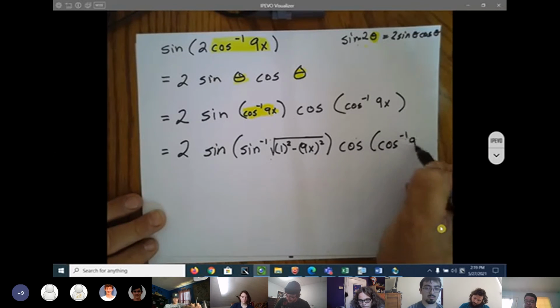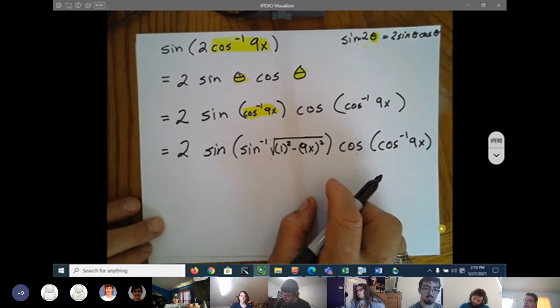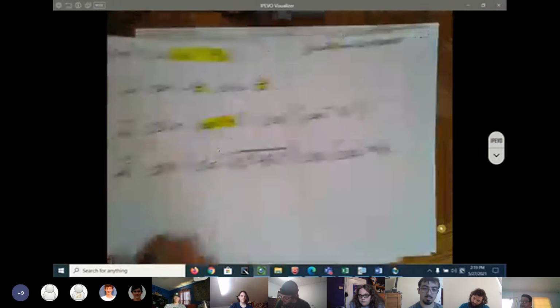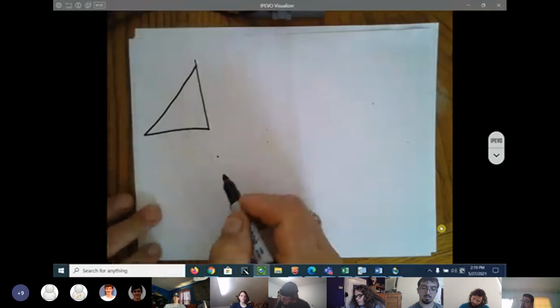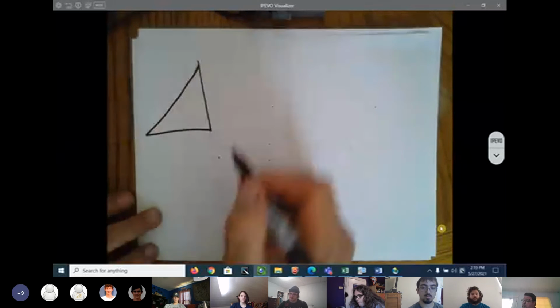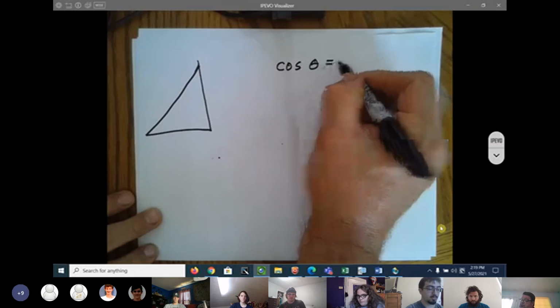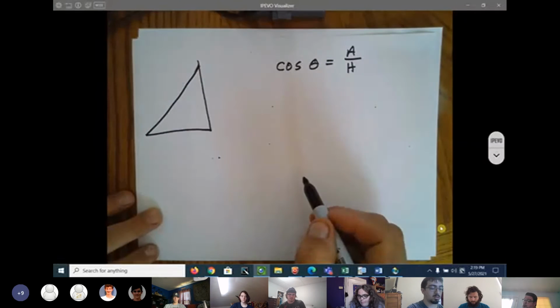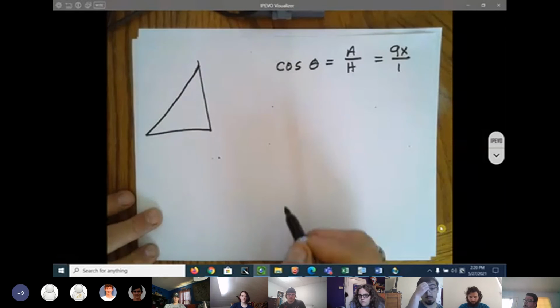Now, of course, they told you at the beginning of the problem to draw a triangle. Well, I'm going to draw a triangle right now. And it's real simple because we're dealing with the cosine. The cosine is equal to 9x over 1.